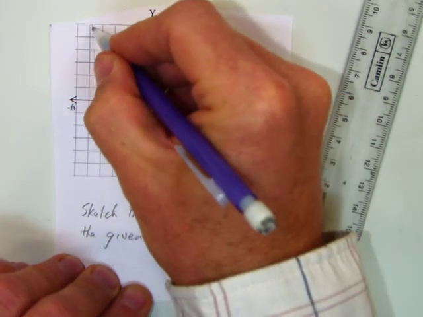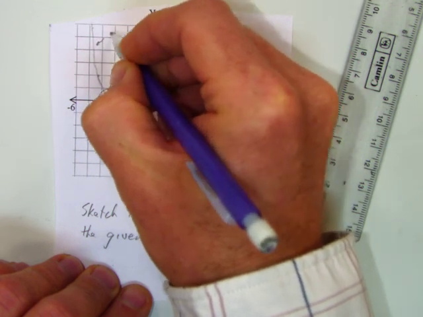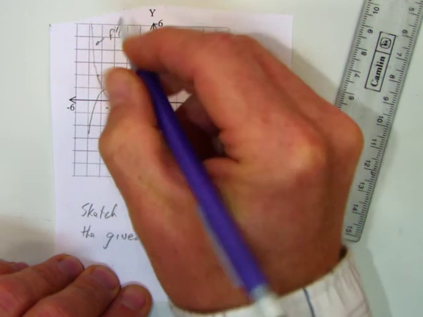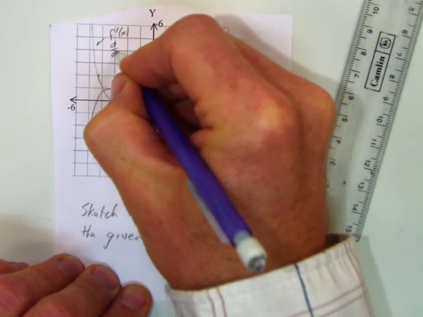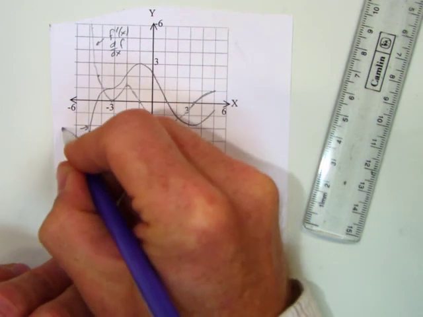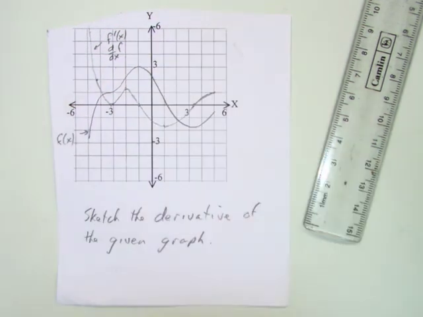So this graph here would be f prime of x, or d/dx of f. And then this graph is our f of x. And that's our intro to sketching a derivative.